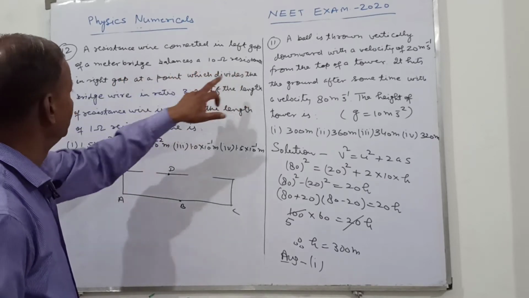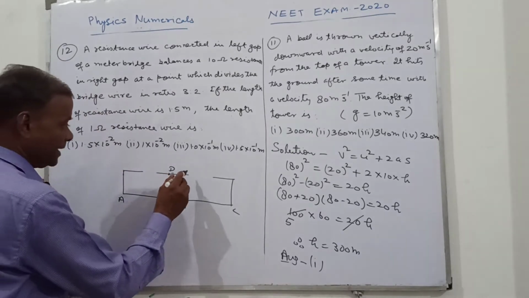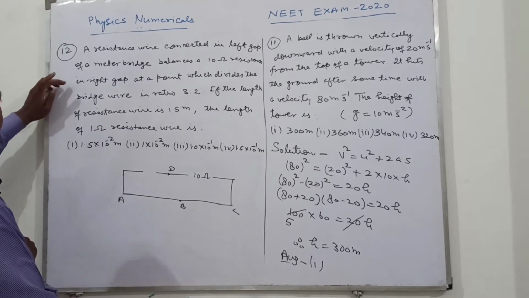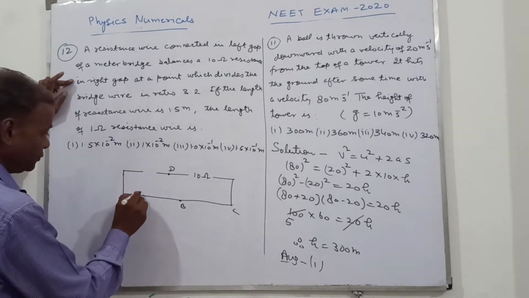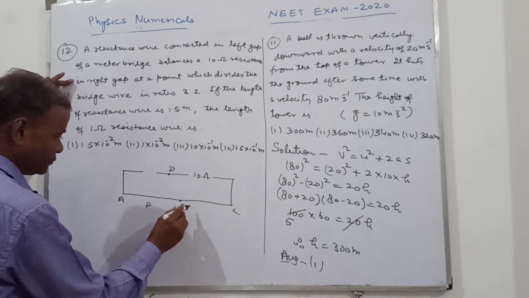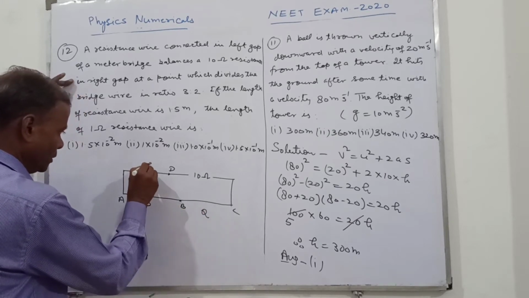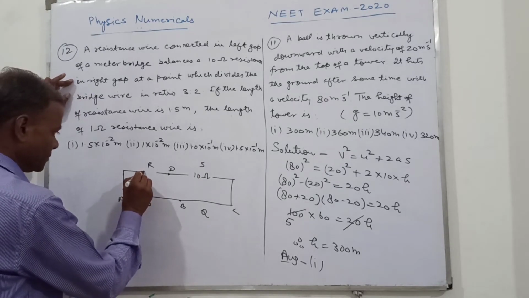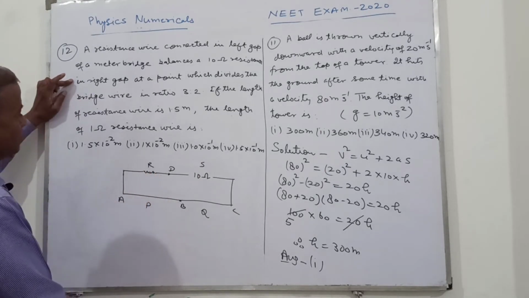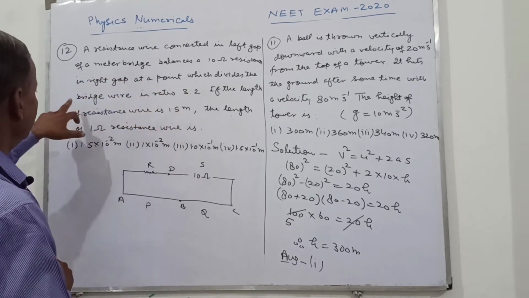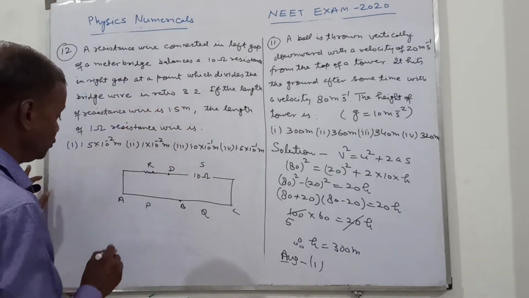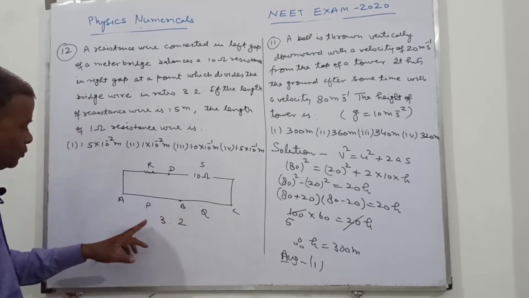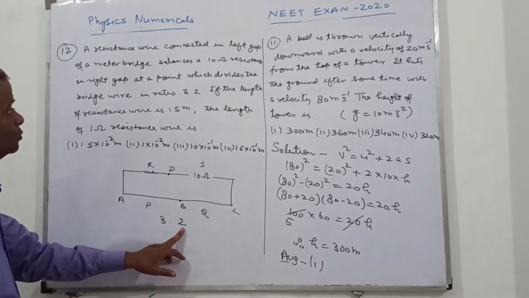Balance is a 10 ohm resistance in right gap. So in the right gap you are given 10 ohm resistance. Here the resistance is not given to you. So generally we have P, Q, R and S. Here is some resistance. It balances and divides the wire in the ratio of 3:2. So P is 3, Q is equal to 2.